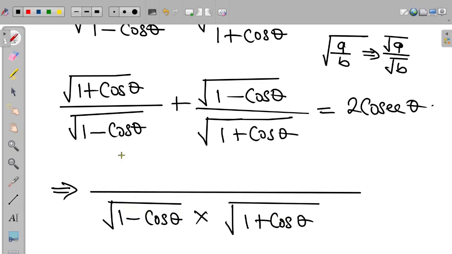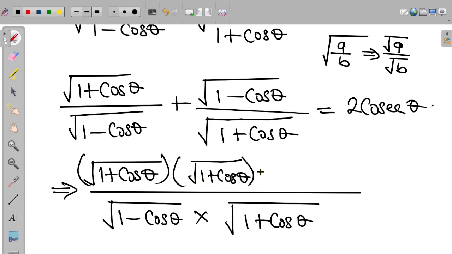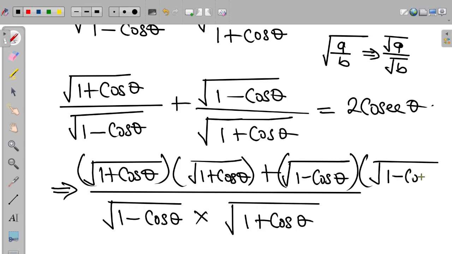The LCM divided by the first denominator will be left with root of 1 plus cos theta, and this multiplied by the numerator gives root of 1 plus cos theta multiplied by root of 1 plus cos theta, and plus also the LCM divided by root of 1 plus cos theta will be left with root of 1 minus cos theta multiplied by root of 1 minus cos theta.